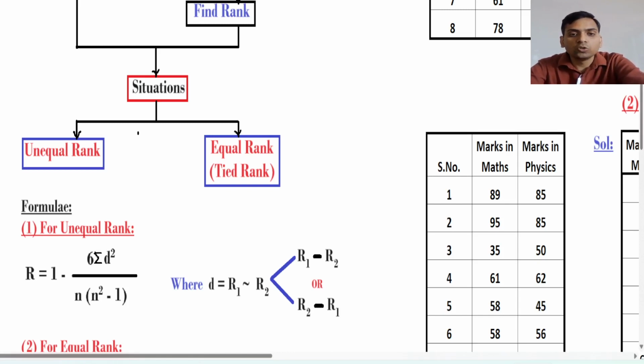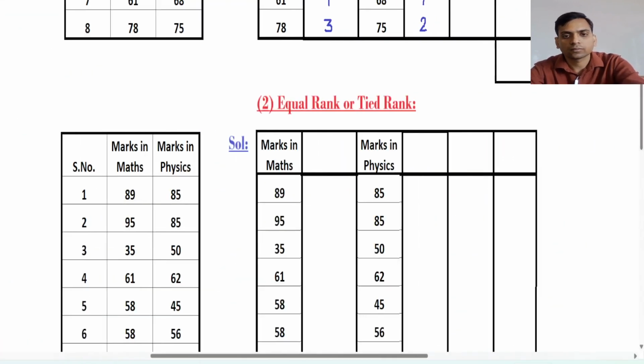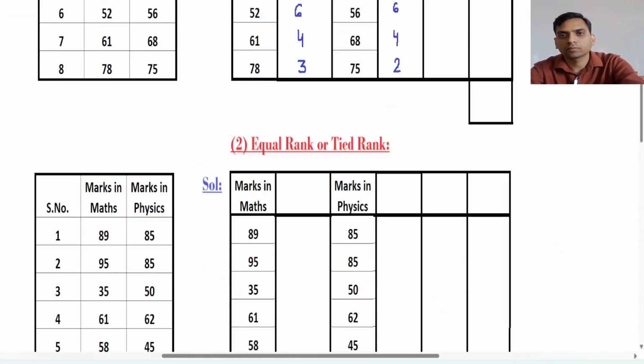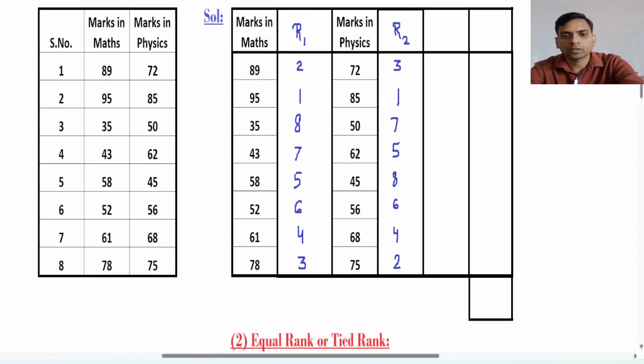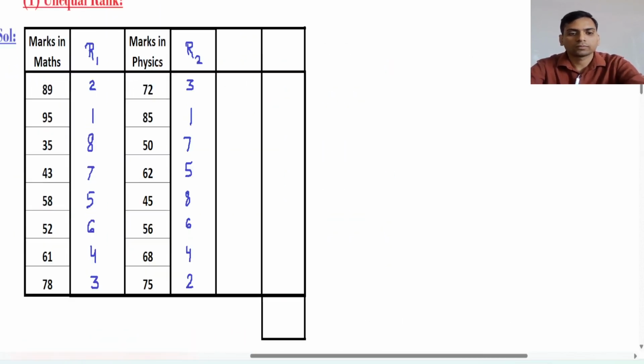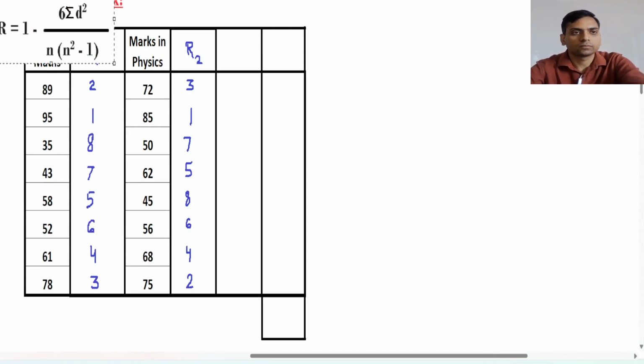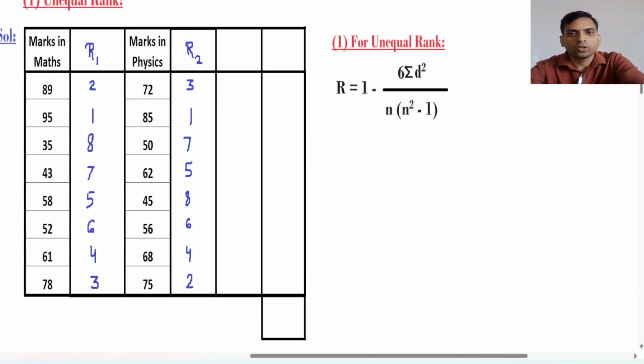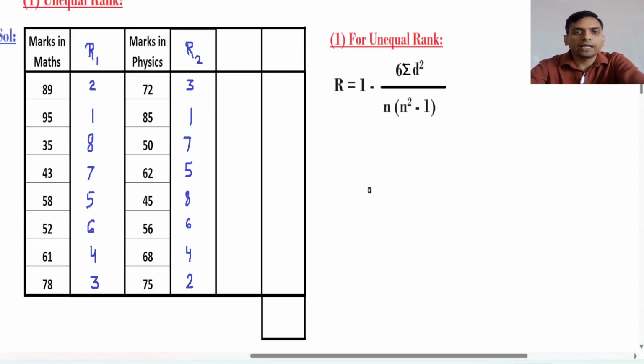You can take either R1 minus R2 or R2 minus R1; you will get the same answer from both. So I am copying this formula for this solution. So this is the formula for unequal rank.